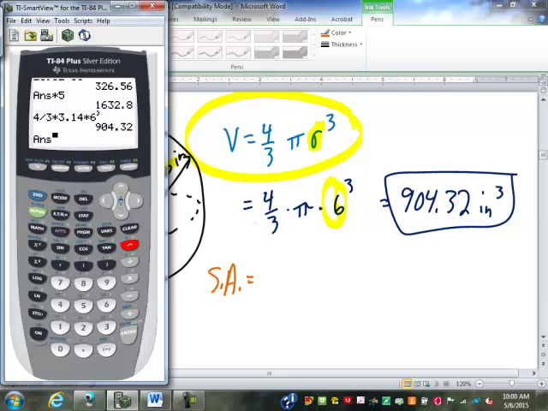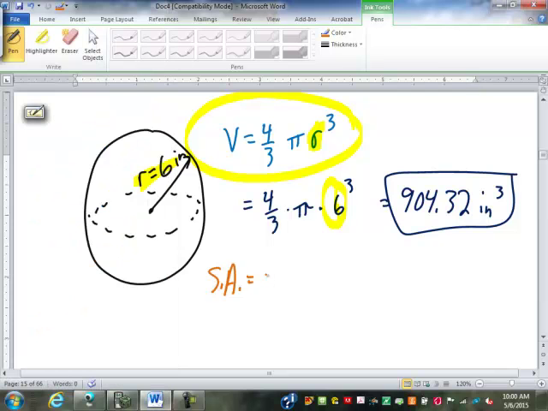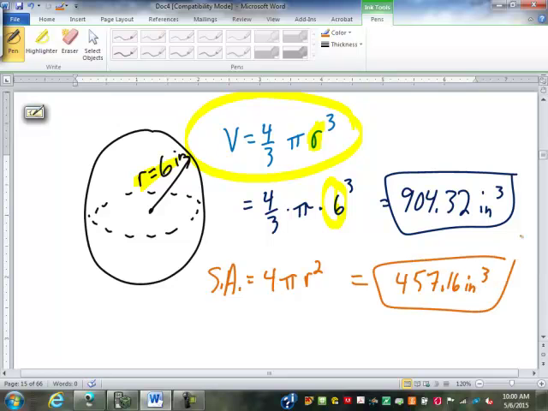Got it, okay. Surface area is 4 times pi times the radius squared. So if you punch that in your calculator, you're going to get what? Okay, so 4 times pi times 6 squared.